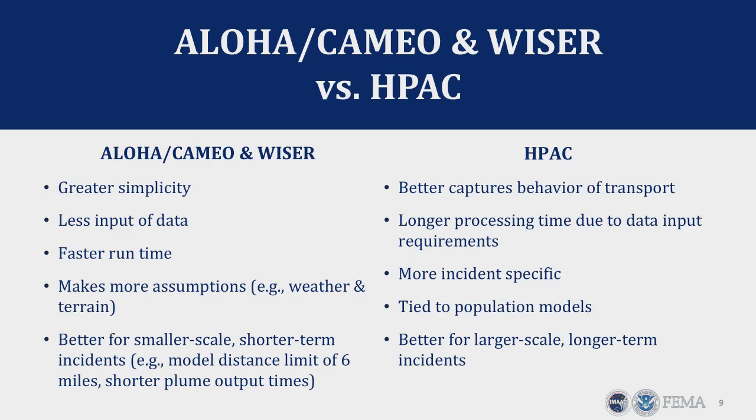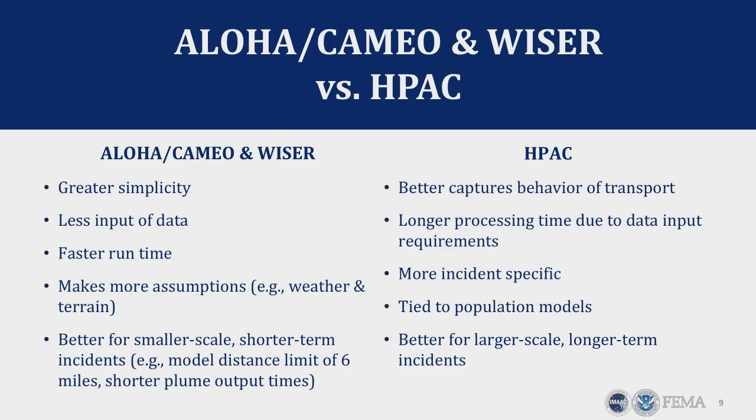But what you're missing there is, HPAC is going to better capture the transport. It does take a little bit longer to run because of the input requirements and the weather that you use. But it is more specific to that incident. It has the population models that can give you, is this something that's going to affect 5 people or 5,000 people?